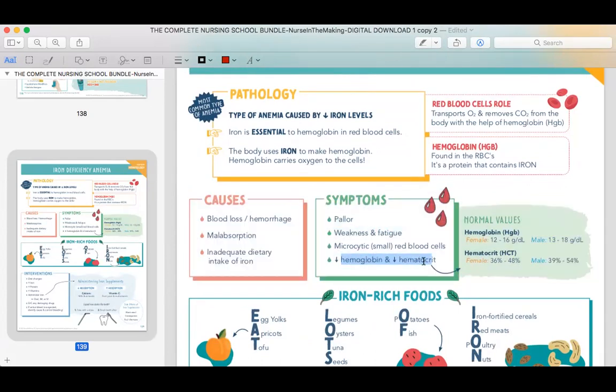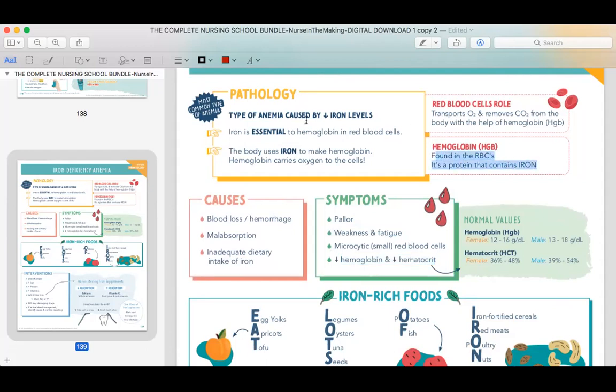Your hemoglobin and hematocrit are going to be low, but on ATI, sometimes they'll have both hemoglobin and hematocrit, and they'll ask which one is associated with iron or anemia. Please make sure you say hemoglobin, because that's the one that carries the oxygen, following RBCs and a protein that contains iron.